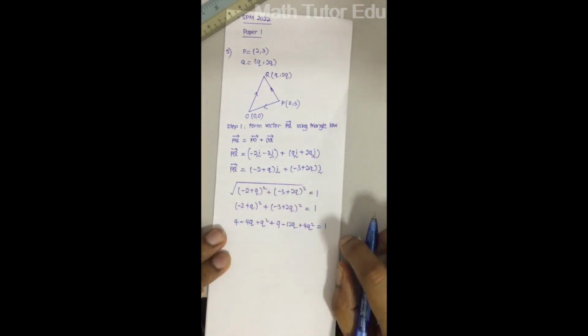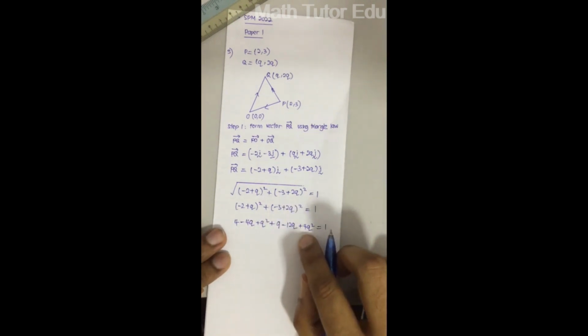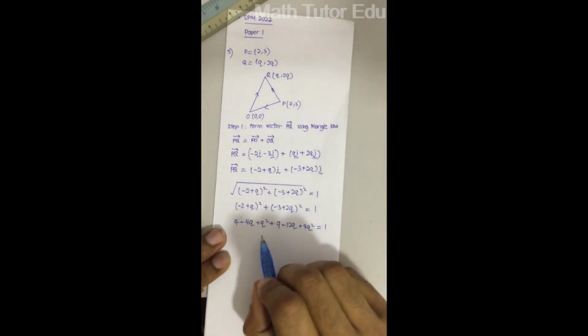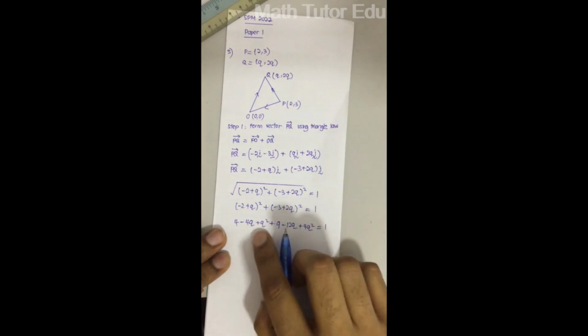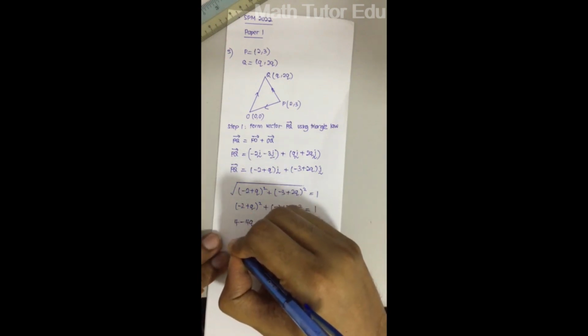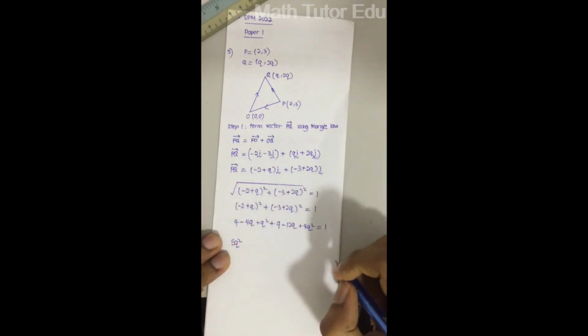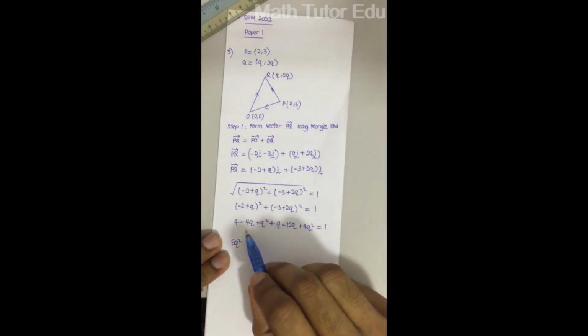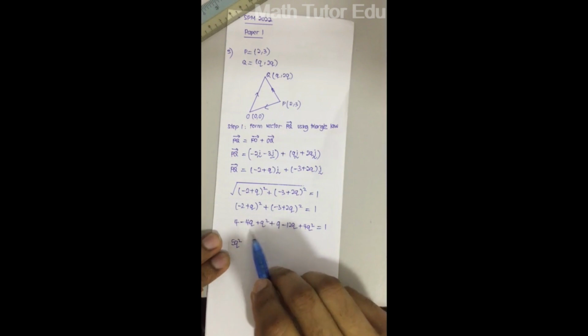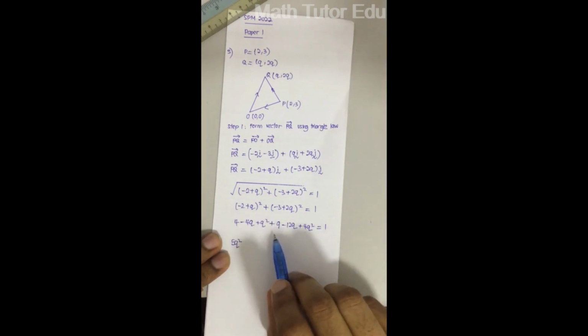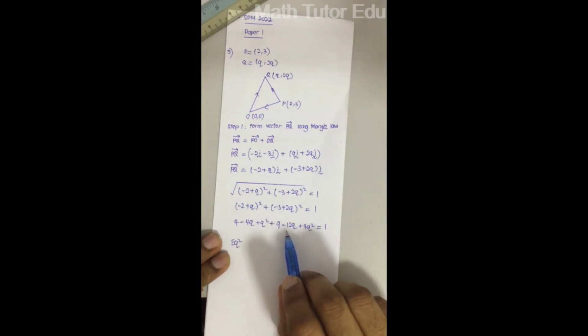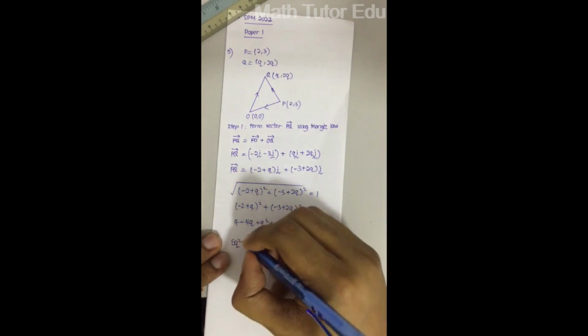Let us solve the highest power first, starting with the power of 2. 4q squared plus q squared, you get 5q squared. Then let us proceed to the power of 1. Negative 4q minus 12q, so you get negative 16q.